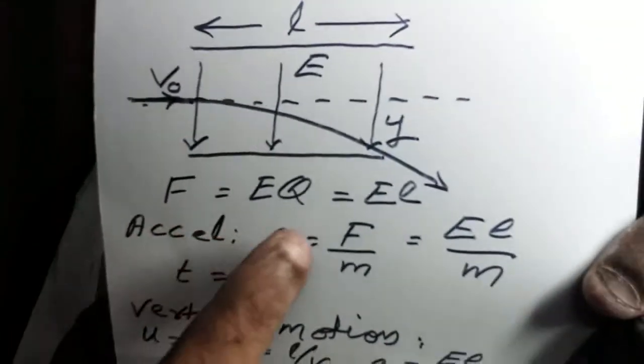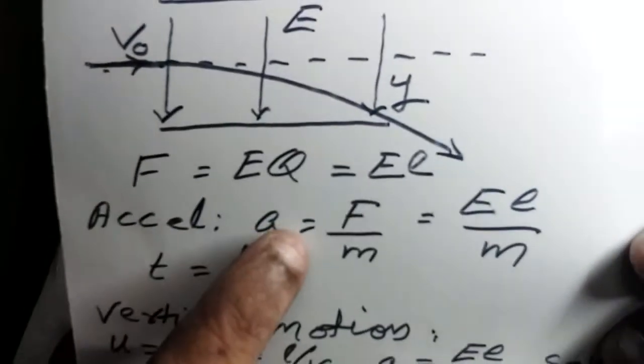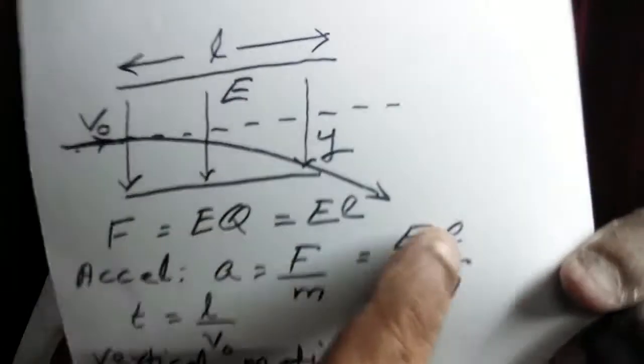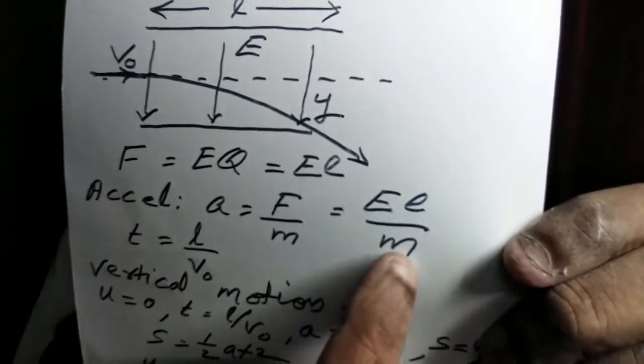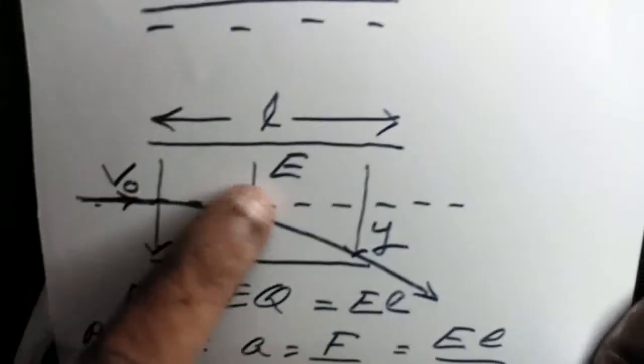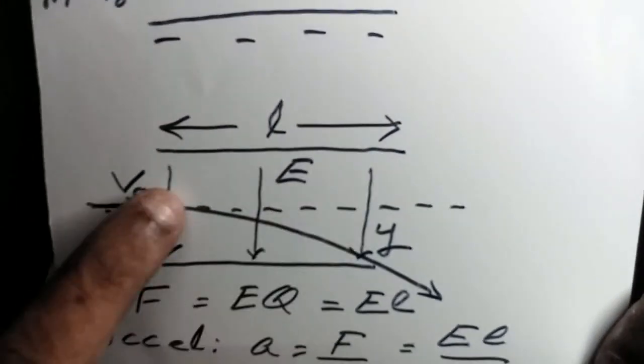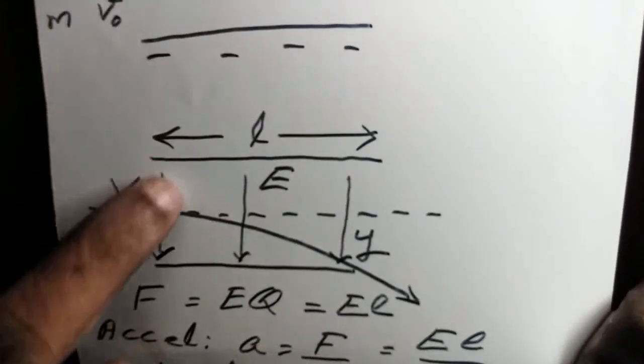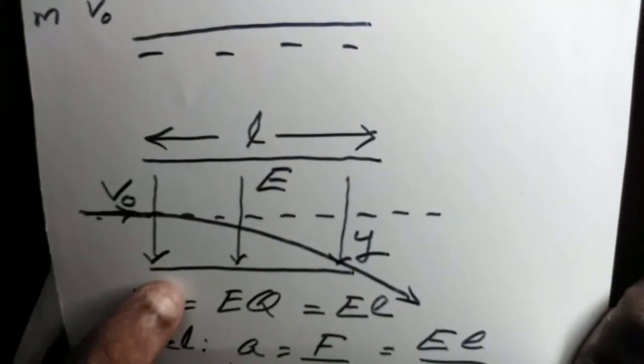Therefore, acceleration of the proton is, use Newton's law, F equals ma, so a equals F by m, that is eE by m. This acceleration is vertically down in the direction of the electric field.